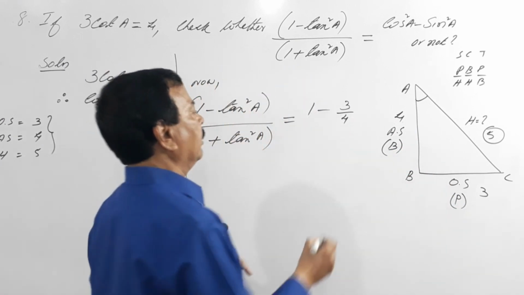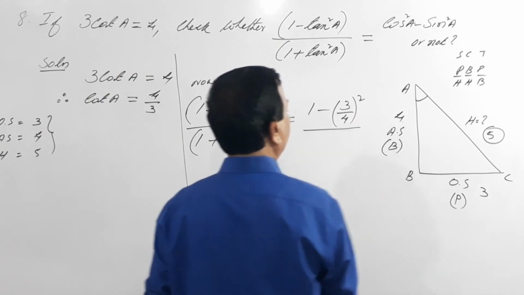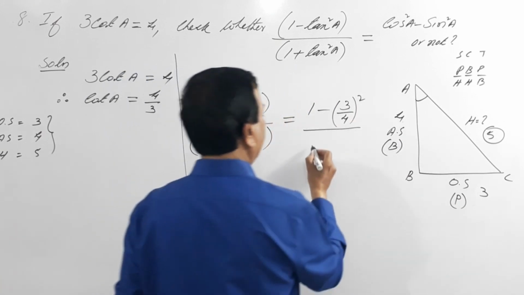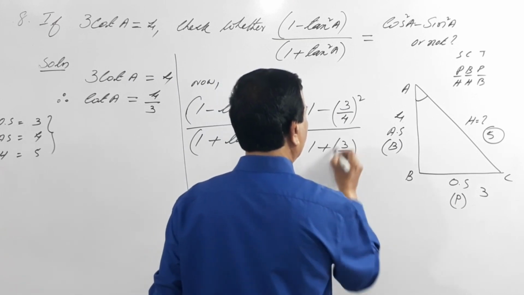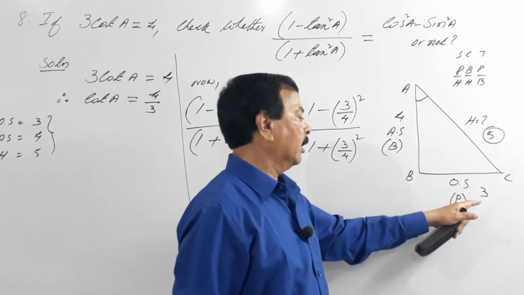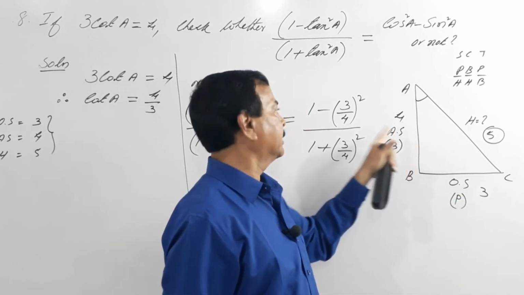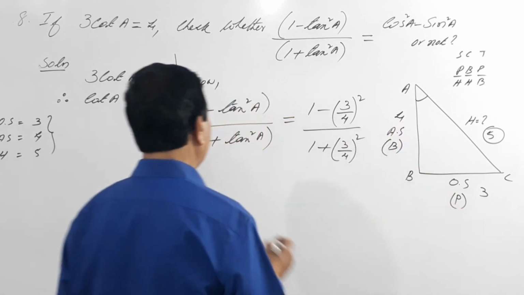Put the square, divided by 1 plus 3 by 4 square. Once again let me check, opposite side by adjacent side is tan, so opposite is 3, adjacent is 4, okay, right, it is correct.